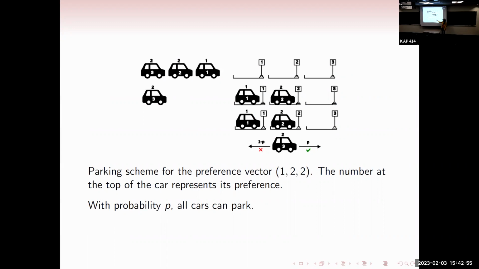Now every preference sequence has some probability of becoming a parking function, and the probability depends on the specific sequence. For the sequence 1, 2, the probability of making this a parking function is p.